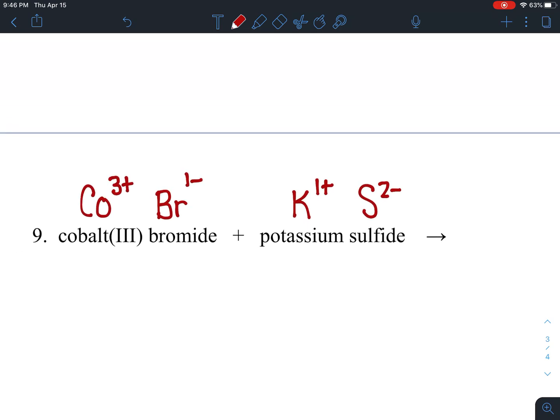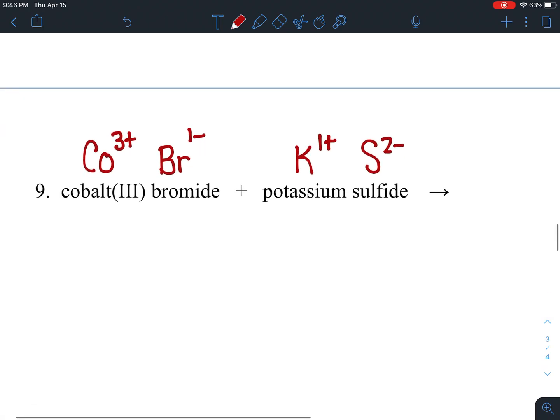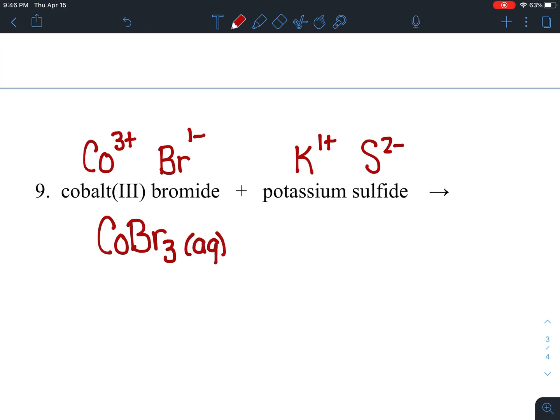Now, the only reason why I didn't write the compounds there is I want to be able to use those here in just a minute. So I'm going to go ahead and write out cobalt 3 bromide, CoBr3. And because this is a precipitation reaction, I know that those are going to be aqueous. I could also use the solubility rules to double check that.